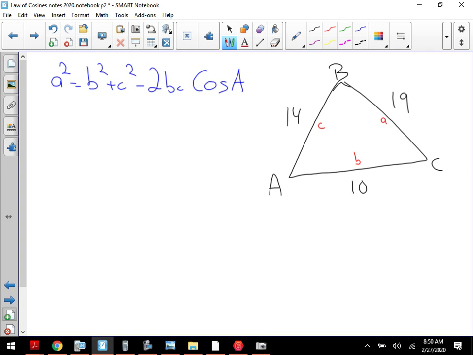Fill in the blanks. Remember, break this down into smaller chunks. 19 squared is 10 squared plus 14 squared minus 2 times 10 times 14, and then I have the cosine of A.